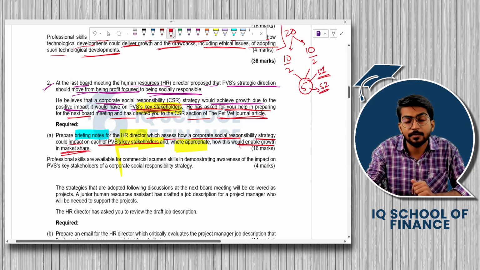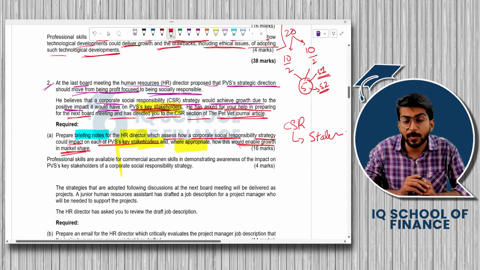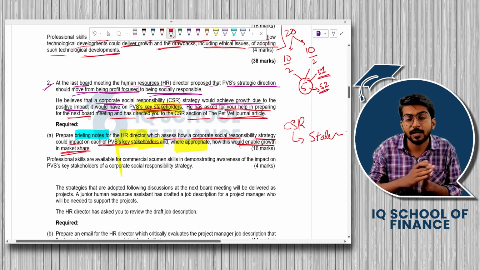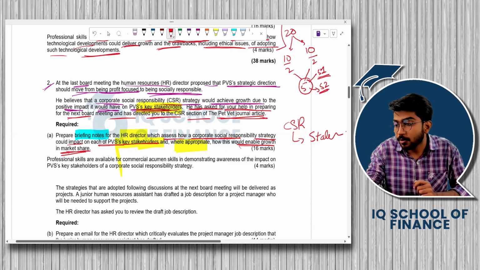So he's saying first assess how CSR would impact the stakeholders, and also if there is any angle linked with growth in our market share, that the CSR activity will increase our market share, please tell me how it will do that as well.